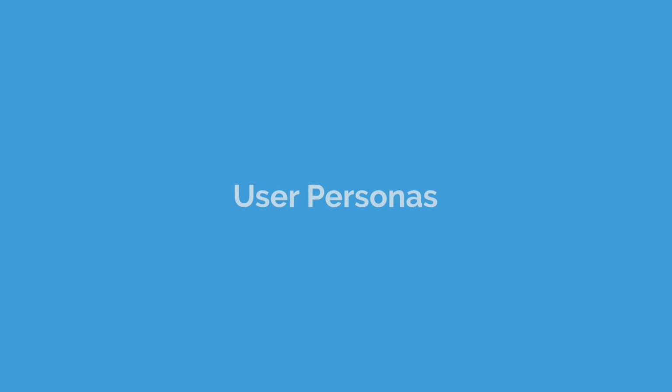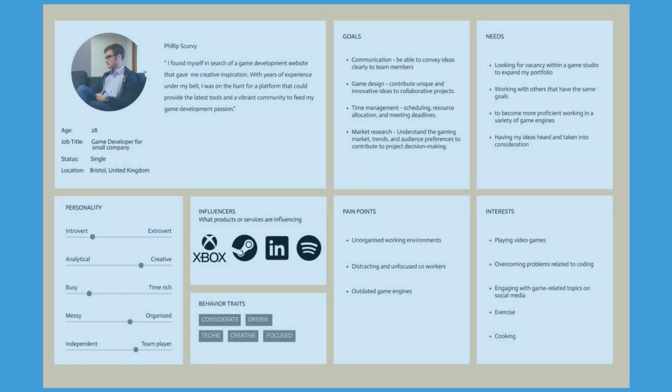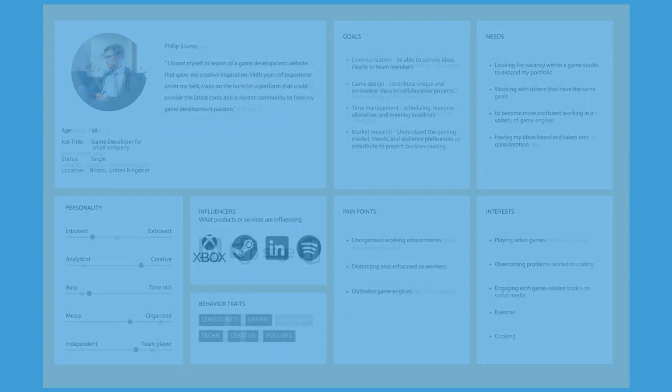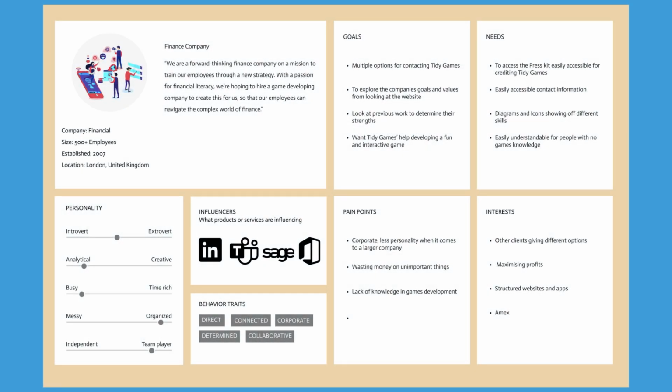From discussing with Tidy's representative, it was agreed that there were to be 3 different user personas to consider when creating a website. The first user persona was based on a game developer for a small company, who is very short on time and would like the website to be as clear as possible while still having that creative flair. The next persona was inspired by a large game development company who would want the assistance of Tidy in developing their next project.